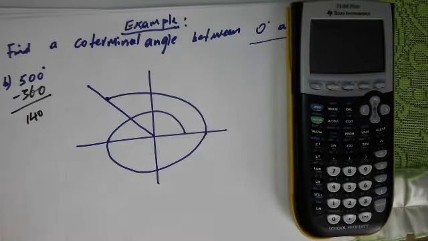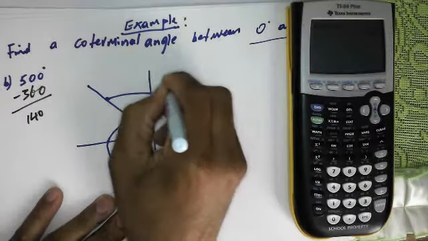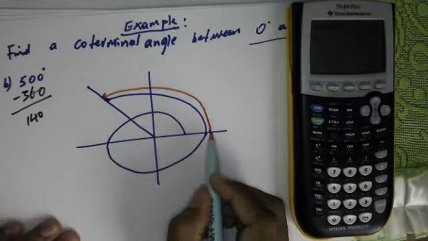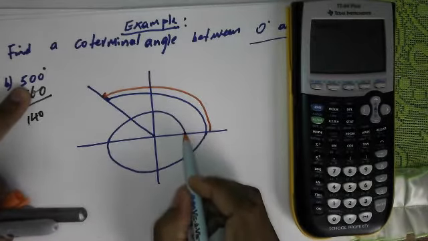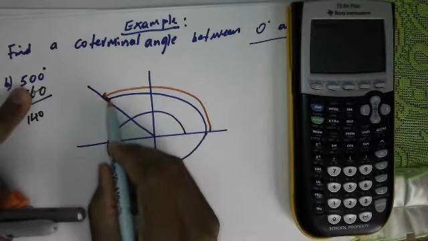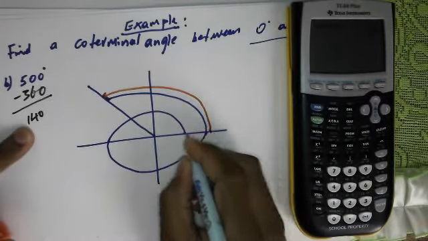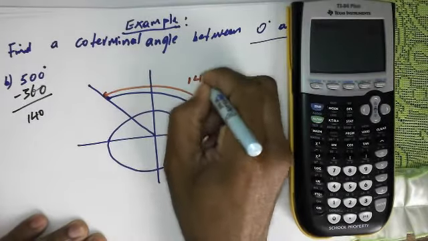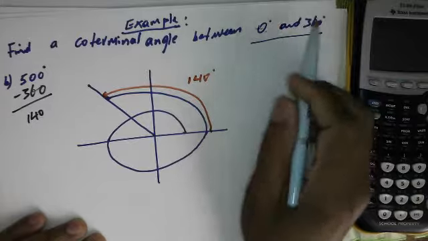If you look at it, the 500 starts here and ends here. My 140 starts at the same place and ends here. So my coterminal angle would be 140 degrees, and it falls within this domain.